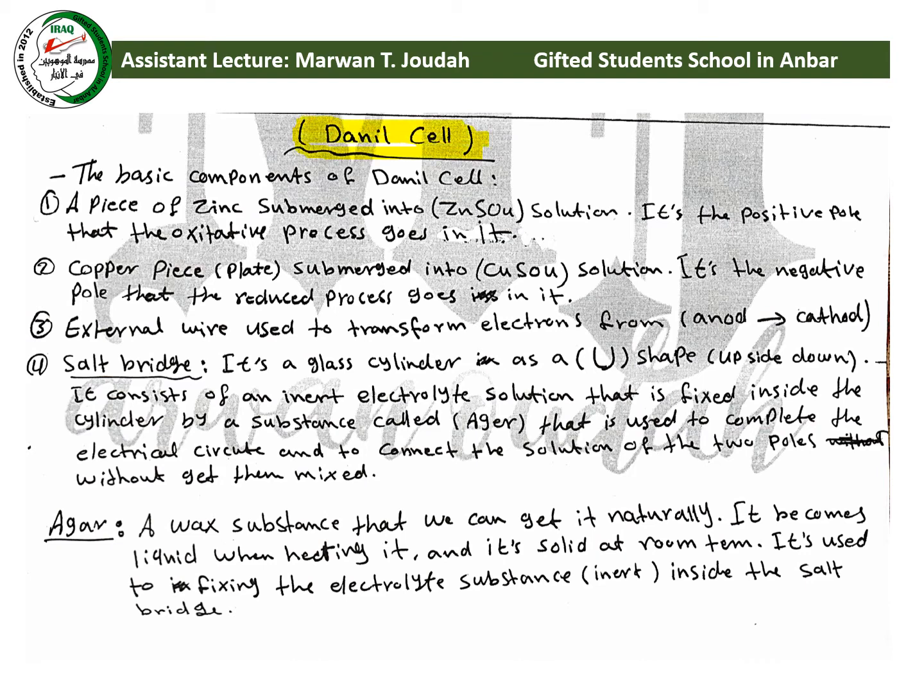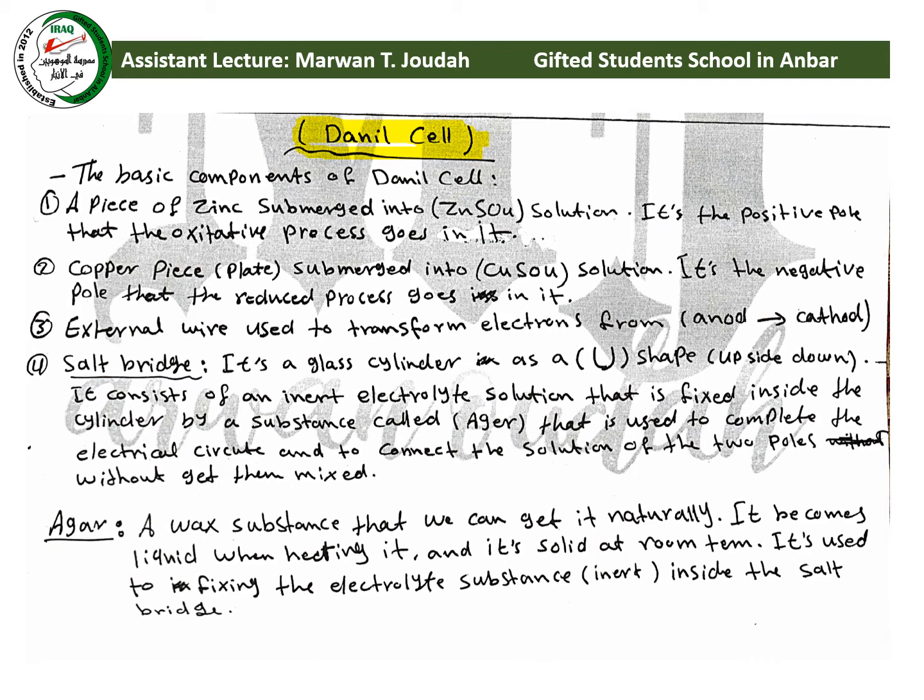For the Daniell cell, the basic components are a piece of zinc submerged into ZnSO4 solution, which is the positive pole where the oxidizing process goes on, and a copper plate submerged into CuSO4.